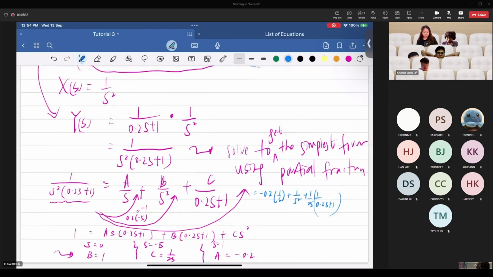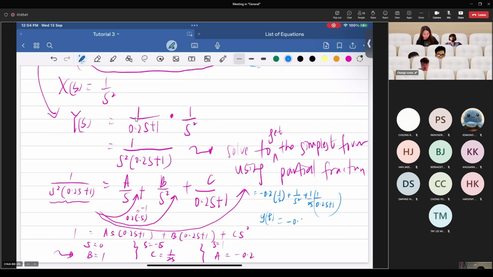This is the simplest fraction already, where you can straight away get your yt from the Laplace table. This is the simple one, -0.2. For 1 over s squared, you will get t. Then we have the constant coefficient 1 over 25 times 1 over tau e to the negative t over tau. We learned this just now in the previous question, where your tau is 0.2.